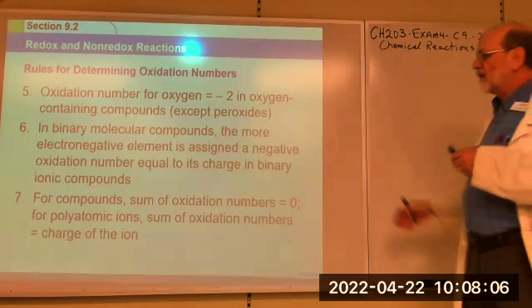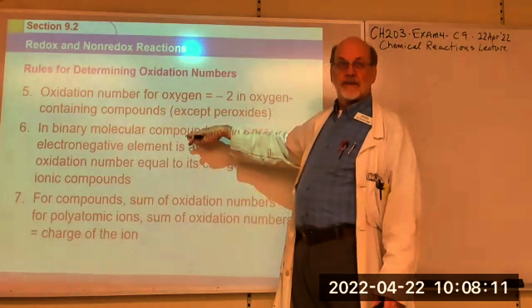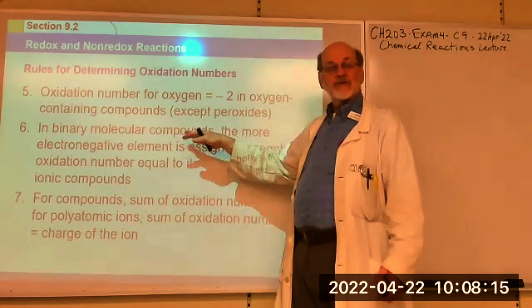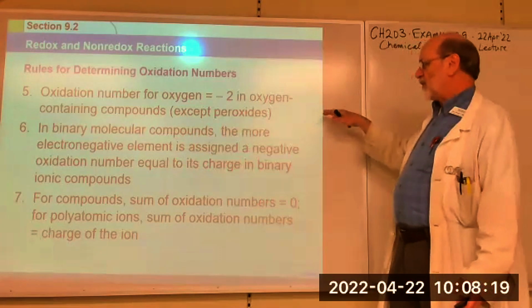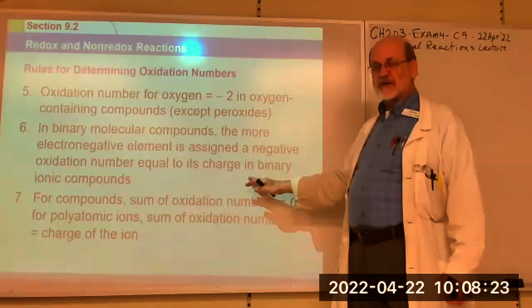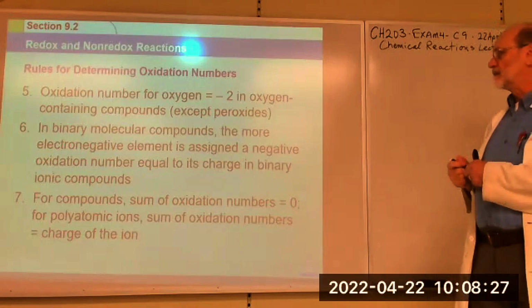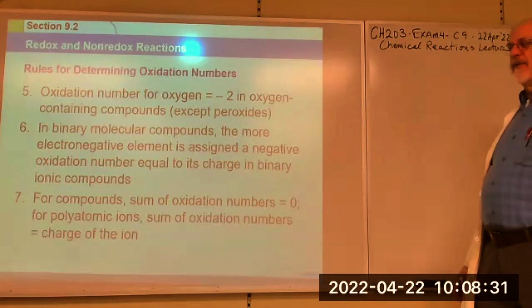What they mean by binary molecular compounds are covalent compounds, right? As opposed to binary ionic compounds, binary molecular compounds. We put the more electronegative element is assigned a negative oxidation number. So if you have, let me try to think of an example.